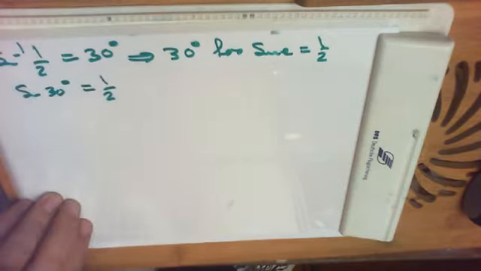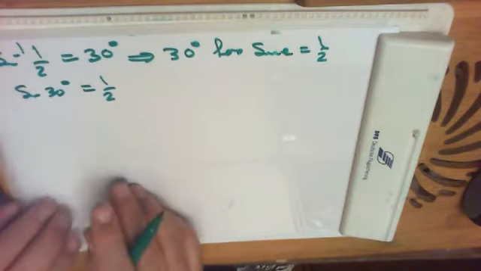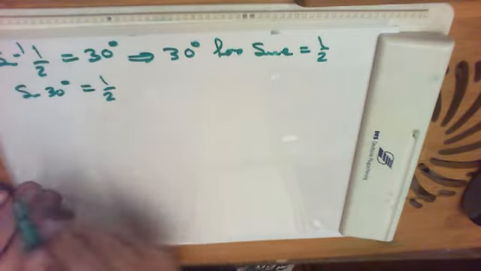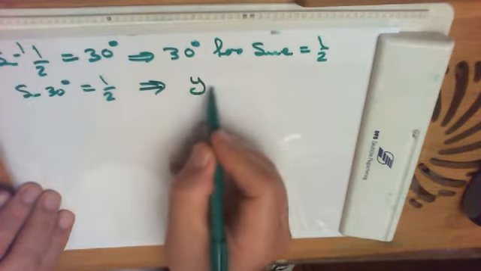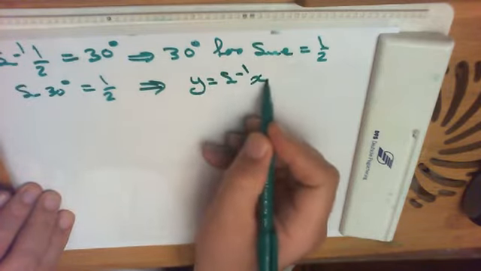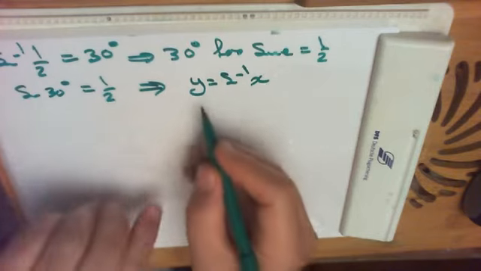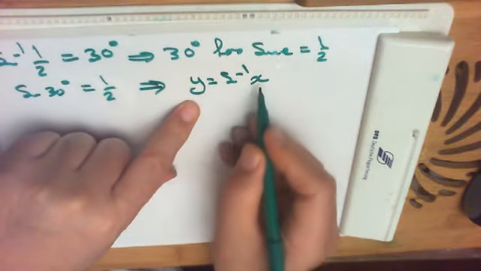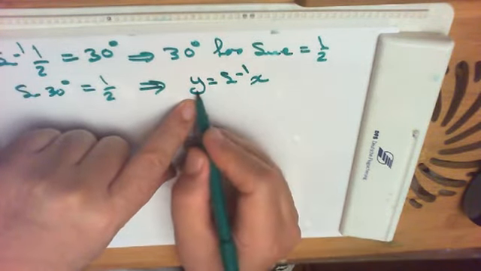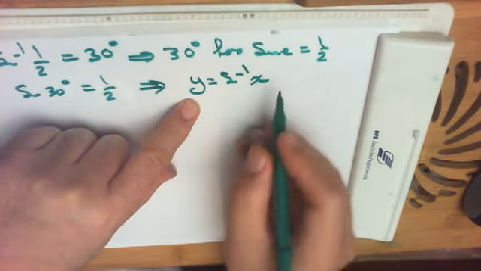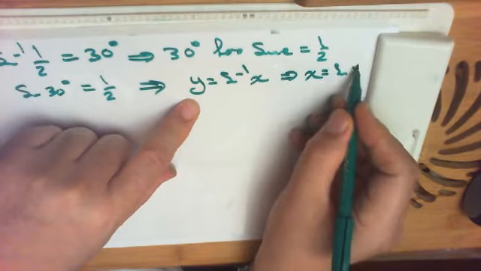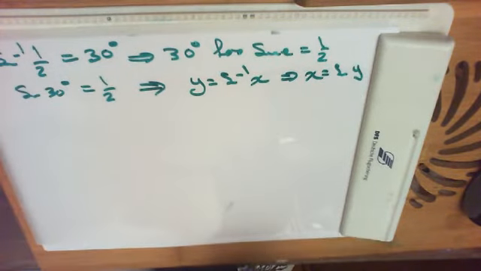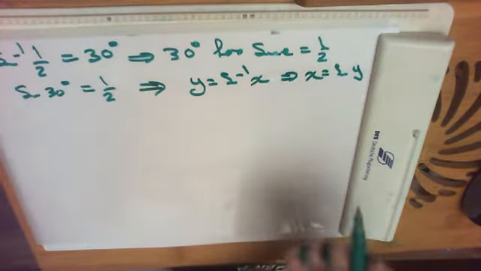Generally, when we say y equals sine minus 1 of x, this means y is the angle of which the sine is x, or x equals sine of the angle y. This is the concept of the function and its inverse.